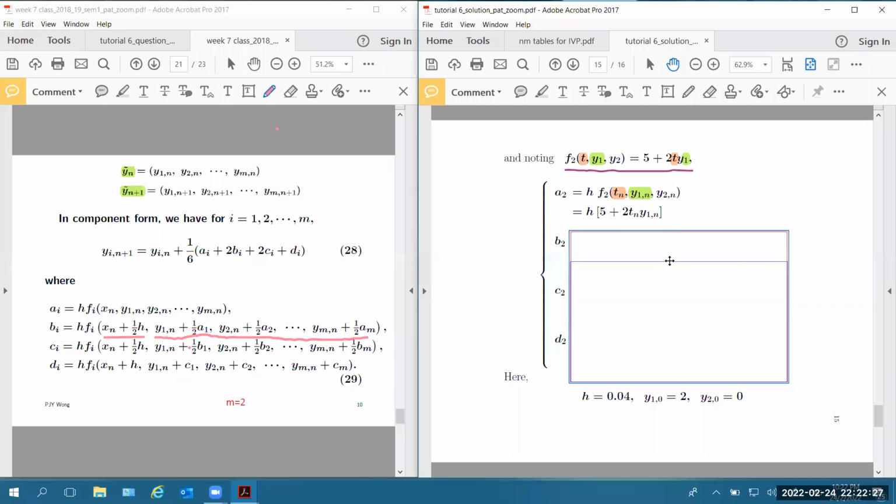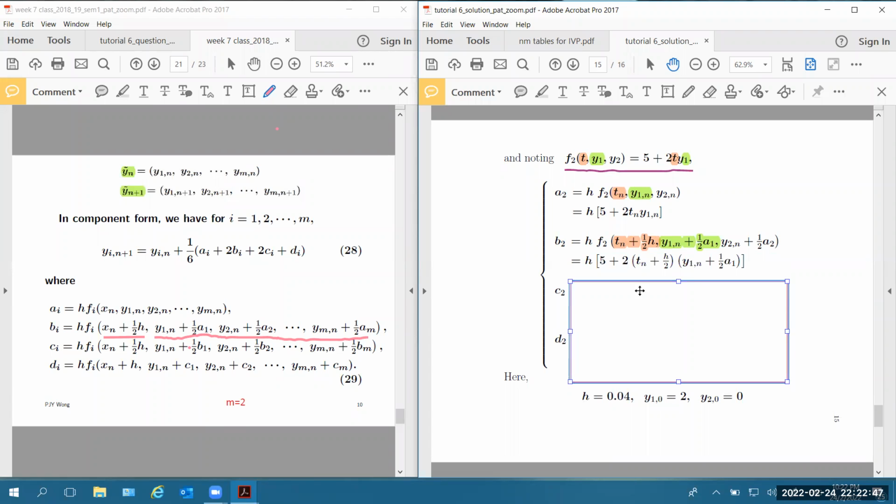And when you go to B2, it's my B2, right? So this B2, this one, comma, this one, comma, this one. All right, so this is the first one, this is the second one. So I'm going to take 5 plus 2 times the first one times the middle one. Okay, and likewise for your C2, right?